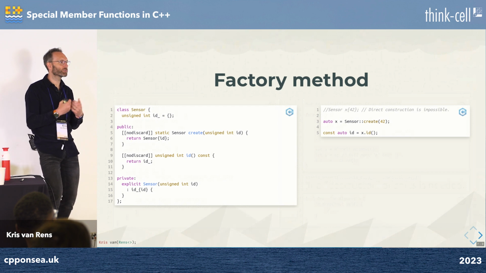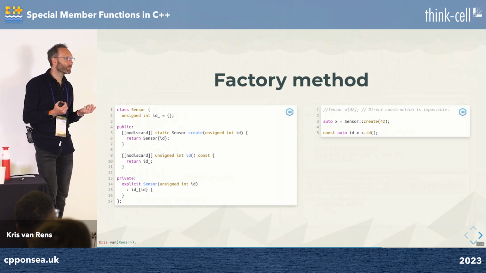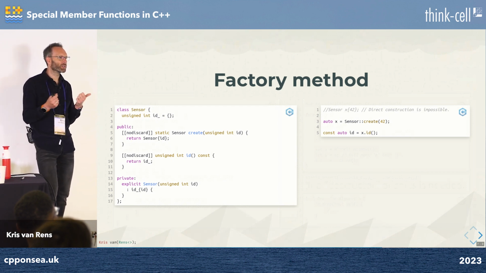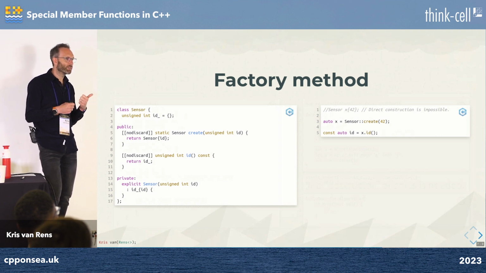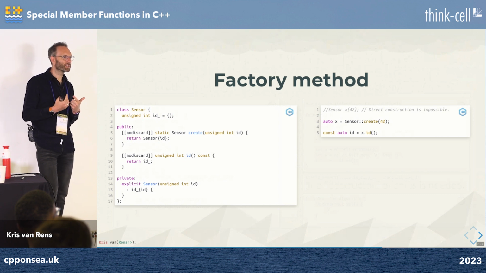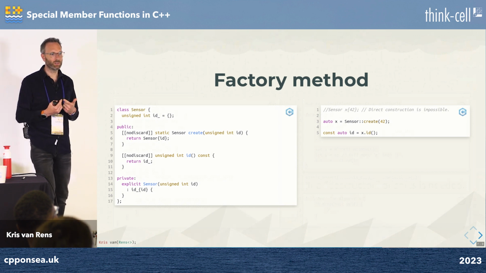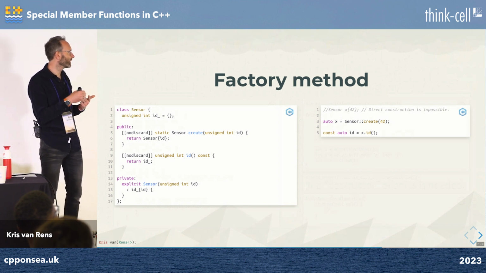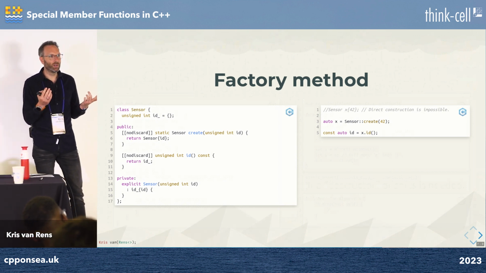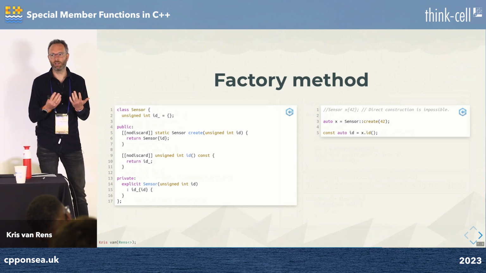So if you want a constructor to fail, what are the options? Well, you can keep some kind of state and have the user check it later on, but that's a bit error prone, because if they forget to check it, bad things can happen later on. So the most natural way in C++ would be to throw an exception.